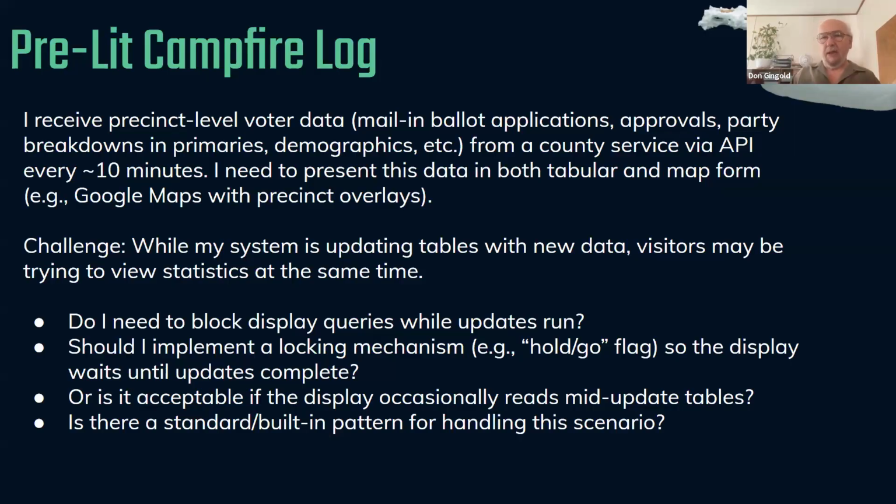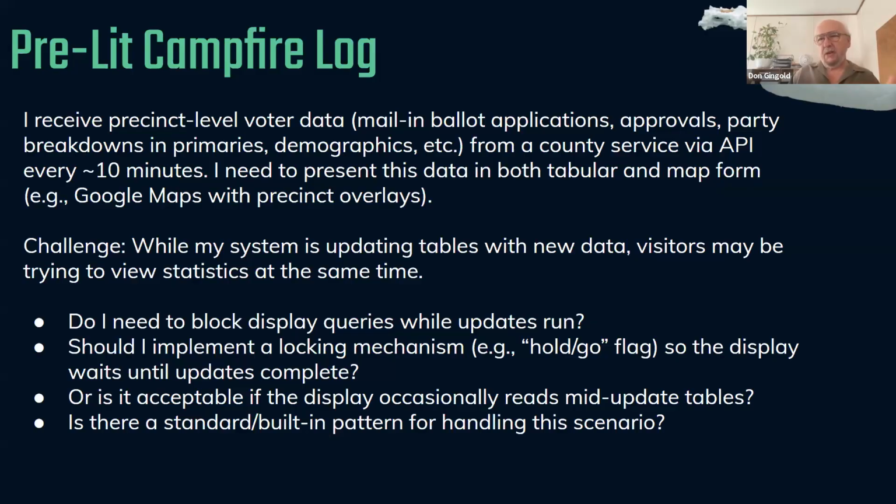Then I'm going to at some point process this. I need to do some accumulations, some updates to some tables, and then the data will be updated. Meanwhile, there are two different views: some tabular views on some screens, and some screens that are Google Map views, geographical views.